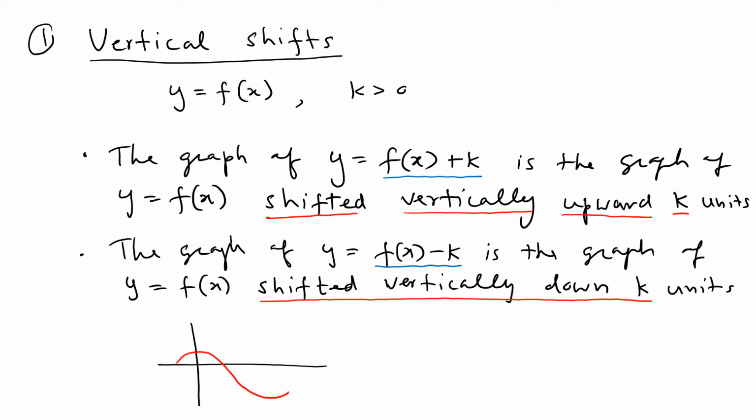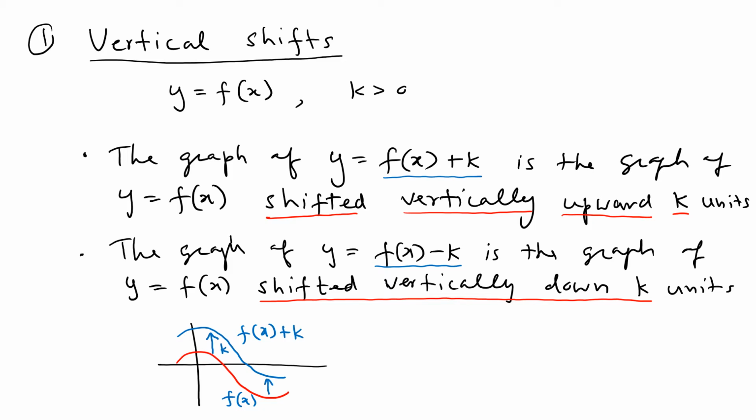Let's say you're going to add k. So what happens when you add k? You move the graph k units up. It's the same graph, but you move the whole graph k units up. So this is the f(x) graph, and this is f(x) plus k. You shift the whole graph k units up, everywhere k units up.